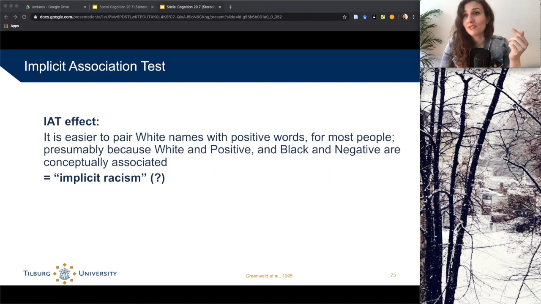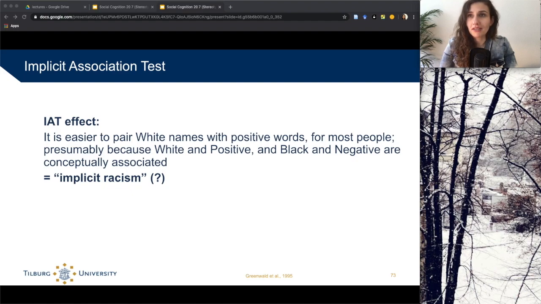Okay, so the idea of the IAT is that what we would see is a so-called implicit racism indicator, or we can also call this the IAT effect. The idea is that it's easier to pair white names with positive words for most people, presumably because white and positive and black and negative are conceptually associated.